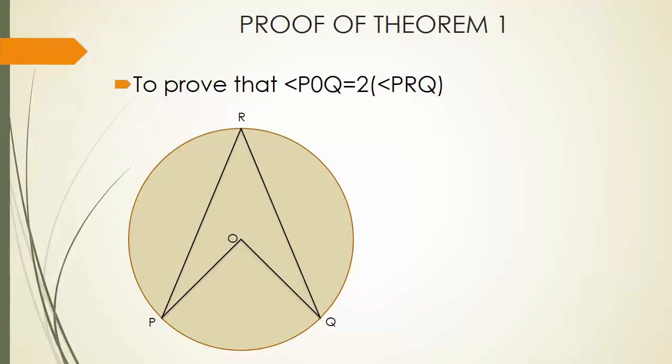Now let's prove this theorem. Our task is to prove that angle POQ is equal to twice the angle PRQ from this diagram we have. We first have to make a construction, that is, draw a line from R to O and extend it to N, as you can see.